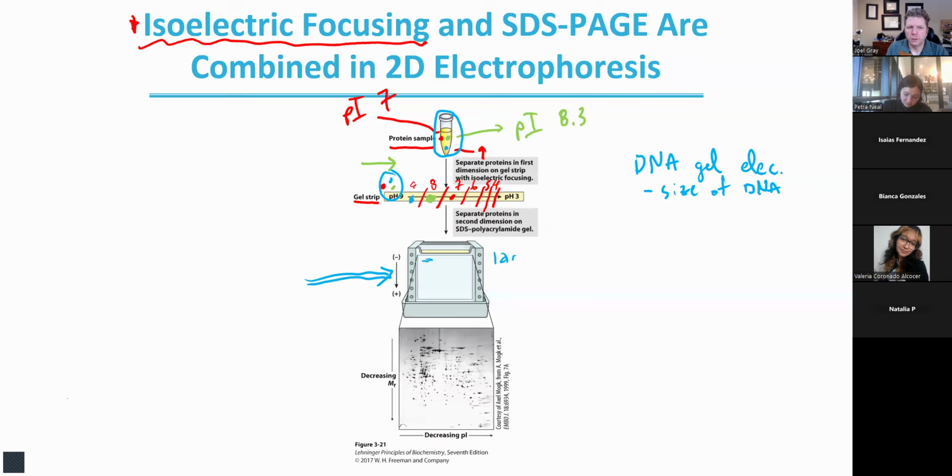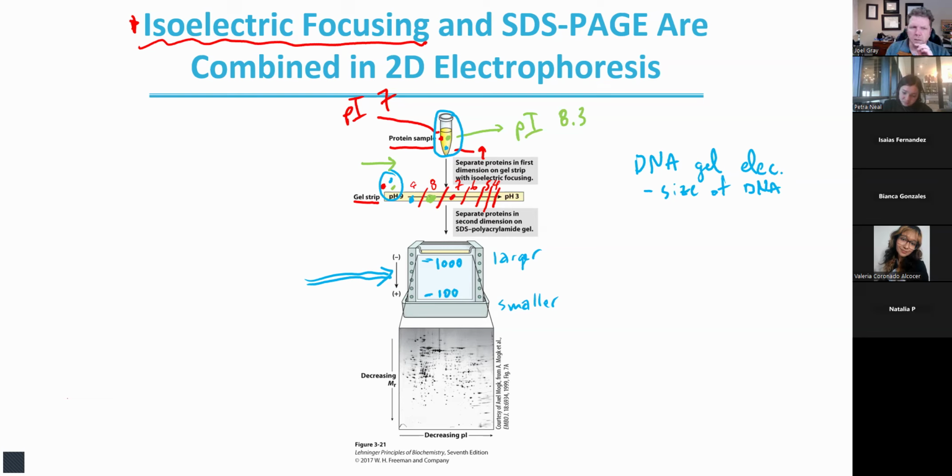So the larger stay up top and the smaller migrate to the bottom. So applying this to proteins, if you have one protein that's 100 amino acids and then one protein that's 1,000 amino acids, the protein that's 100 amino acids long is going to migrate a lot faster than the one that's 1,000 amino acids. So we got our 100 and then our 1,000 up here.